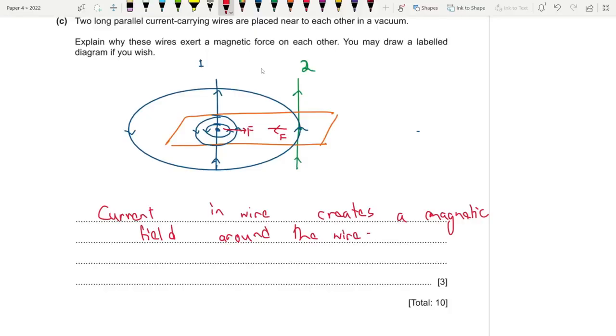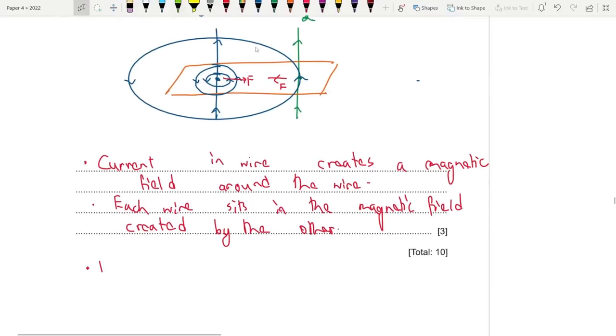Okay, so the second point is, look, wire 2 actually sits in the field of wire 1, right? So each wire sits in, that's the wording they use, sits in the magnetic field created by the other.